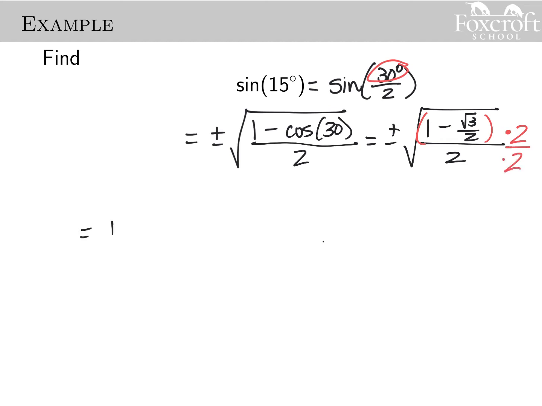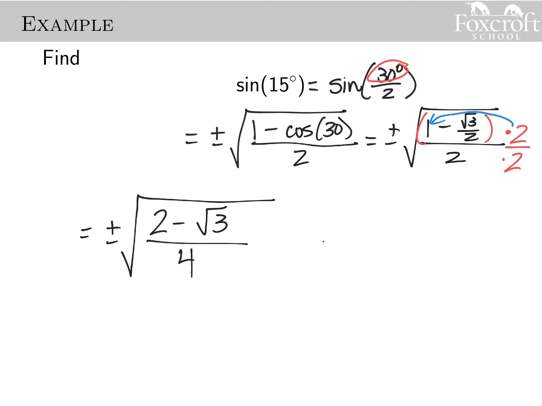So this big square root turns into 2 minus the square root of 3, over 4. That's because this 2 distributes in. 2 times 1 is 2. 2 times this fraction, the 2's cancel, and I get the square root of 3. And the bottom, 2 times 2 is 4. So that's another way you might see the answers on the solutions for this learning objective.